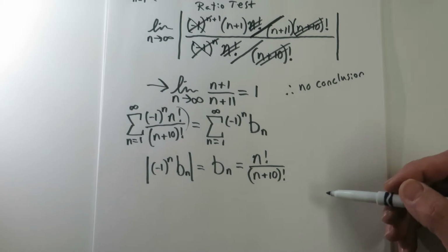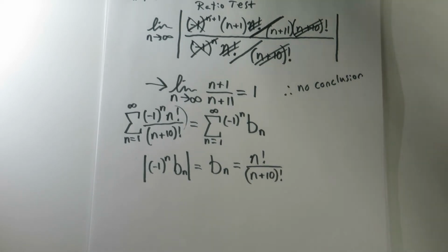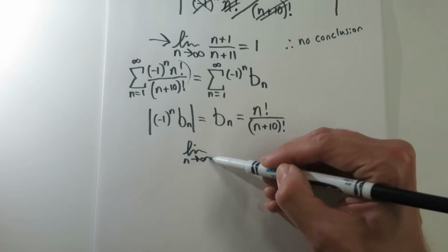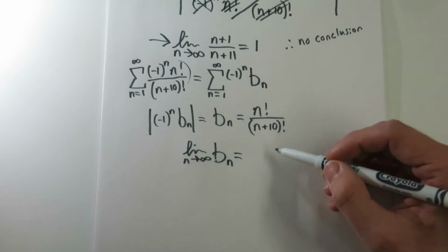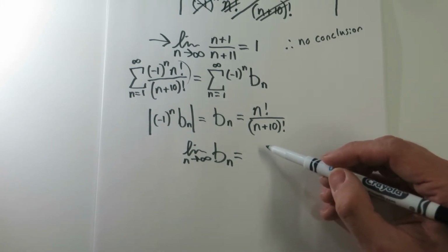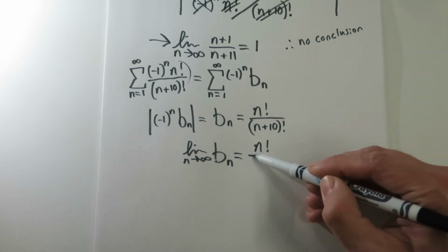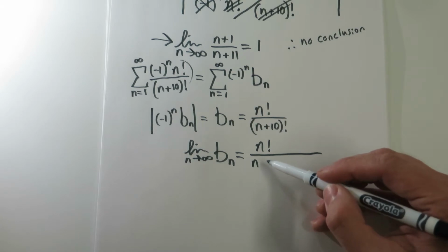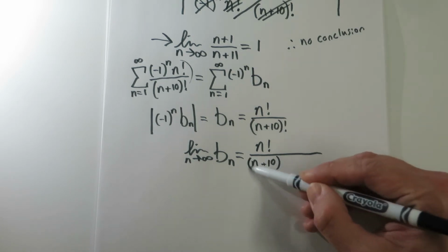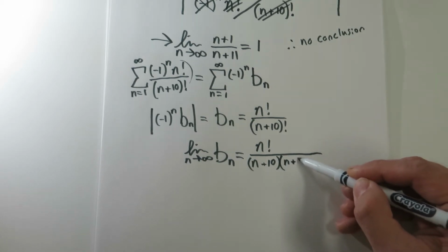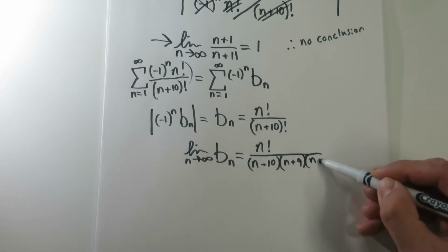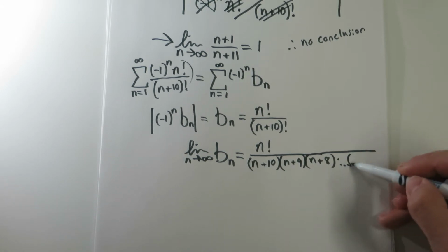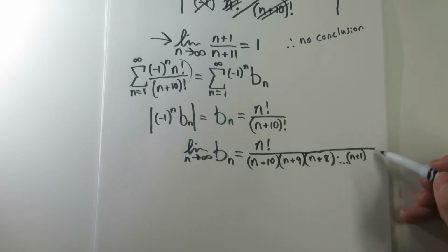Now notice, as n approaches infinity of b sub n, well, this is just going to equal n factorial over n plus 10 times n plus 9 times n plus 8 times on and on and on times n plus 1 times n factorial.